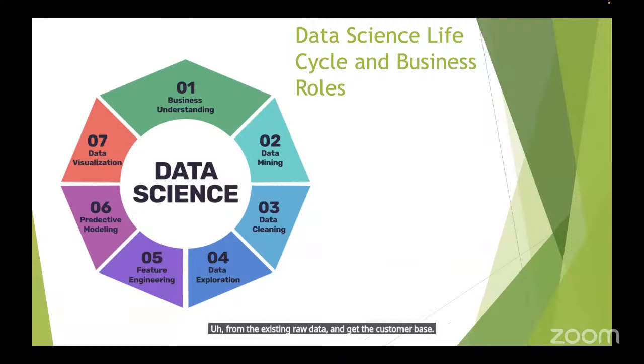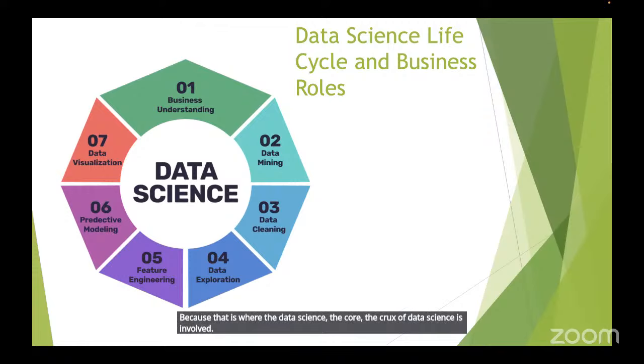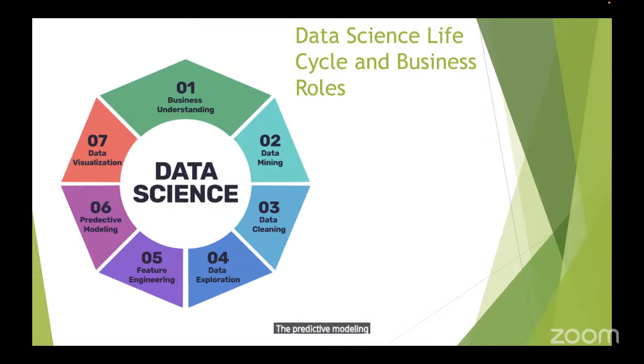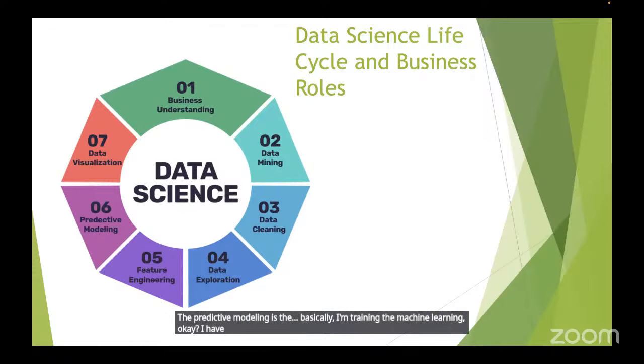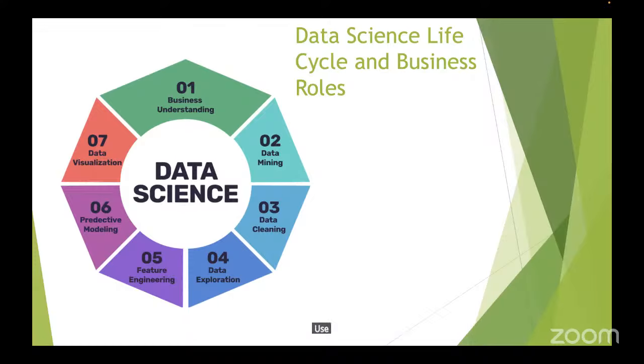The sixth step is predictive modeling. That is the most important thing you need to understand, because that is where the crux of data science is involved. Predictive modeling is basically training the machine learning. I have this feature developed, I have this data, I use this and come up with some kind of prediction.